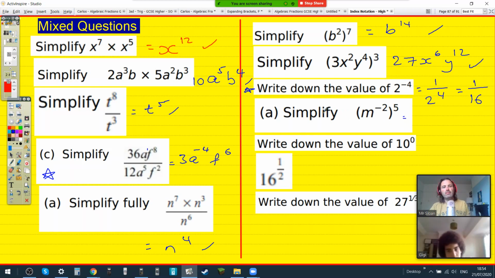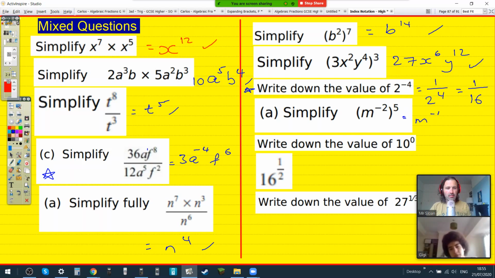How about this? It'll be m to the power of minus 5. Minus 5, yeah.